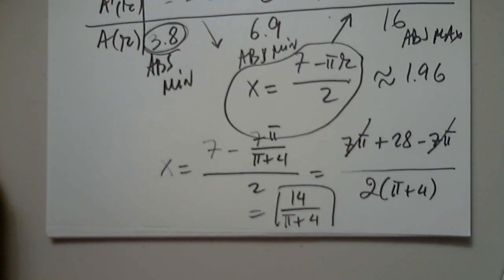How much wire in meters should be used for the square in order to maximize the total area? To maximize the total area, how much wire for the square? I would put 0. This one? Yep.